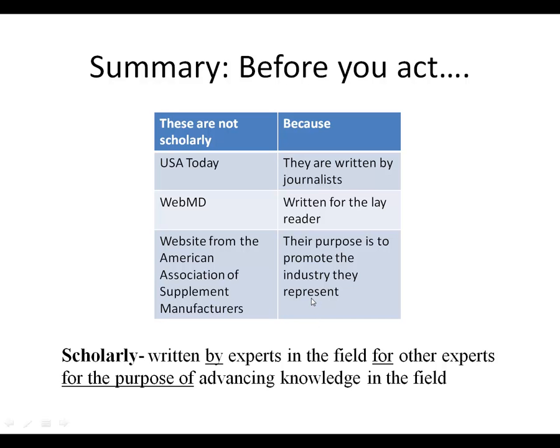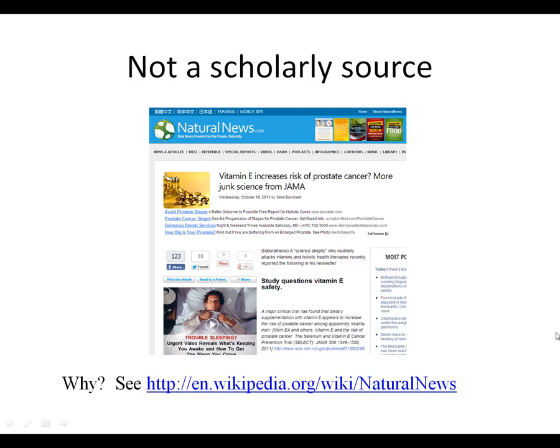And to represent their industry, they have to increase their industry's profits somehow. So if there's ever any sort of conflict, then the website will present the information that they think will help promote their industry. Okay, so scholarly sources are written by experts in the field for other experts for the purpose of advancing knowledge in the field.